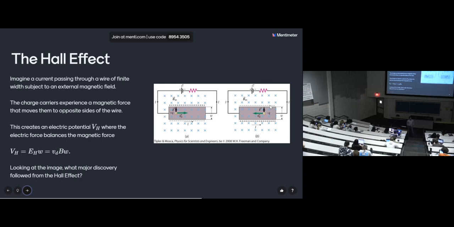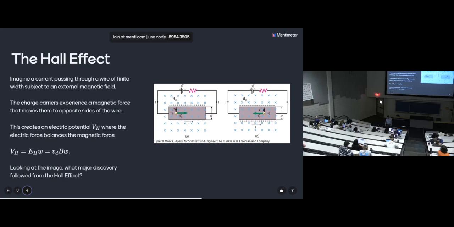W is the width of the conductor, as shown right here by the cursor. E_H is going to be the electric field associated with the Hall effect. Looking at B as being reality here, in balance of charge, electric fields begin on positive charges and terminate on negative charges.